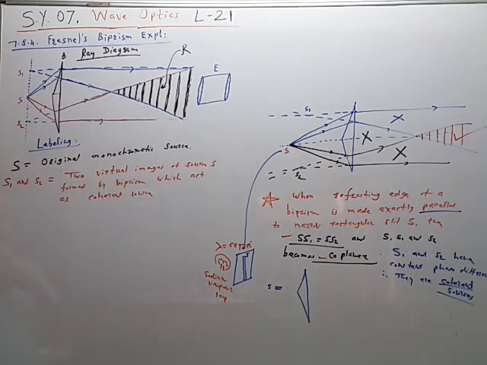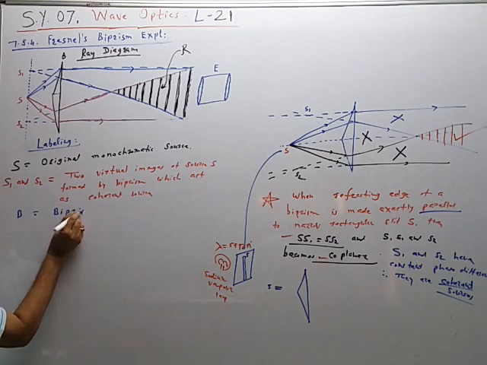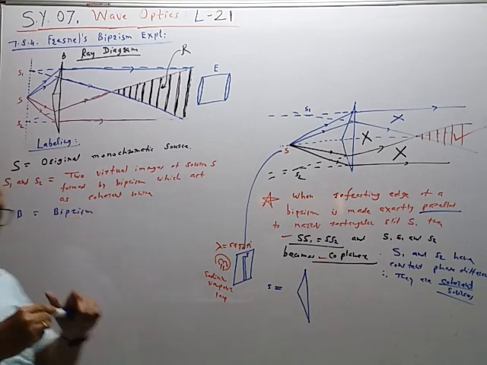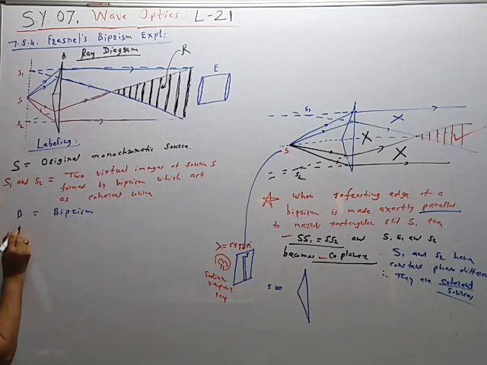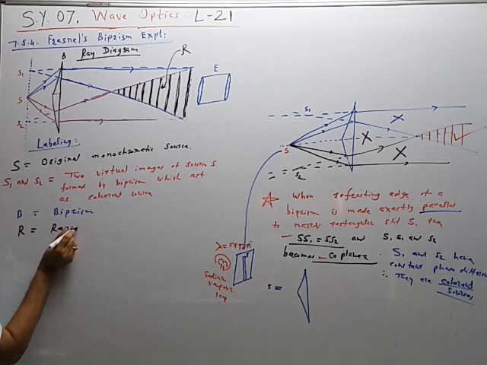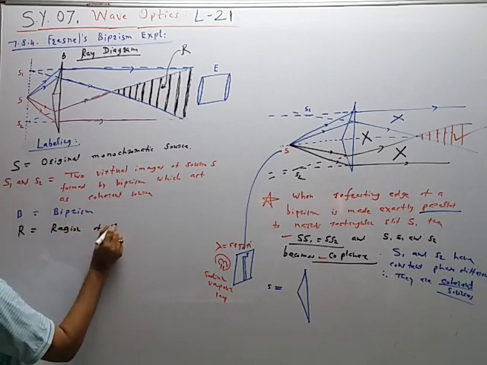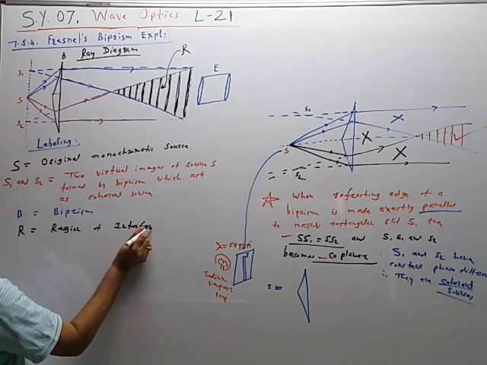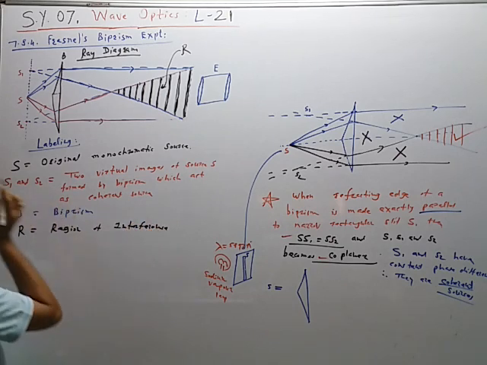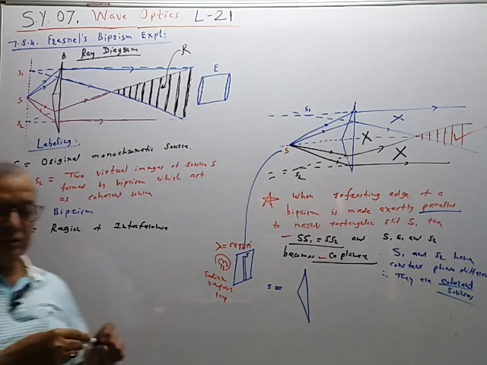B is a biprism. R is a region of interference, where the interference bands are observed.